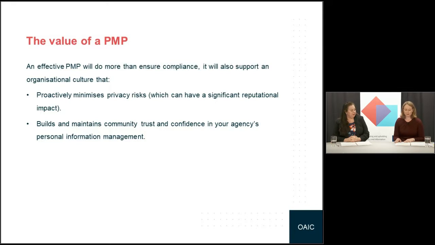By providing a holistic view of privacy in your agency, your PMP enables you to identify and address any potential weak points. This in turn can build public trust and confidence in your agency. And of course, it can reduce the chance of making mistakes that could lead to data incidents and have a significant impact on your agency's reputation.